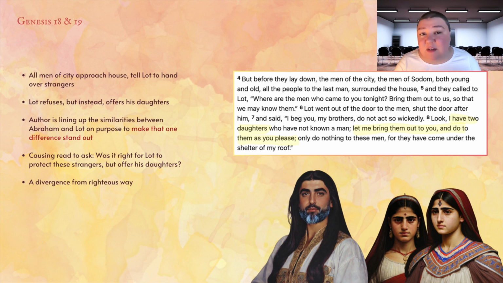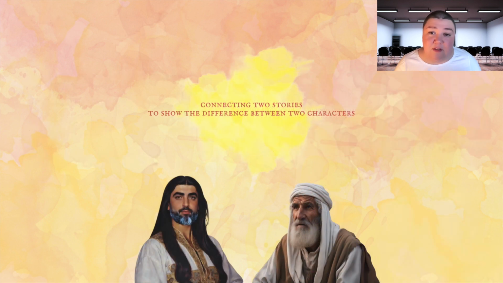Because this doesn't follow the pattern of Abraham's actions, causing the reader to pause and notice this one difference, asking, was it right for Lot to protect these strangers but offer his daughters? And this is a difference being brought attention to between Lot and Abraham, highlighting a part of one story by reminding us of another.